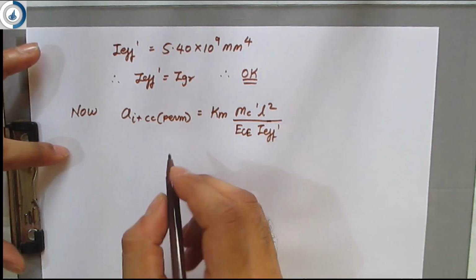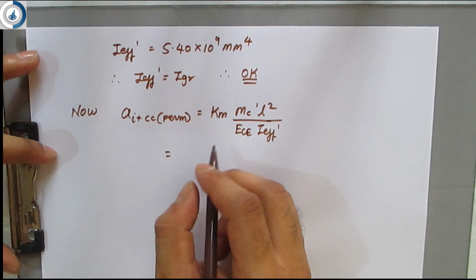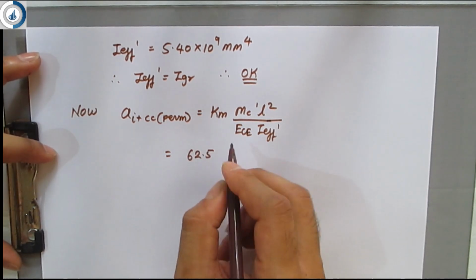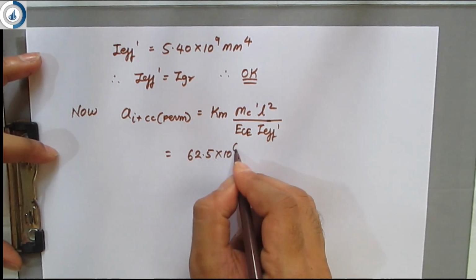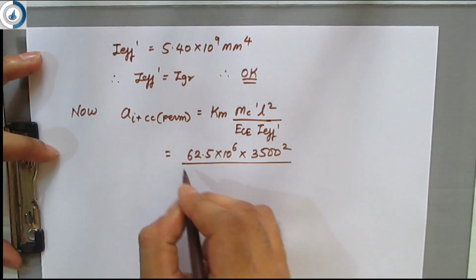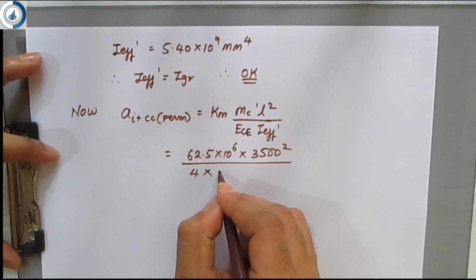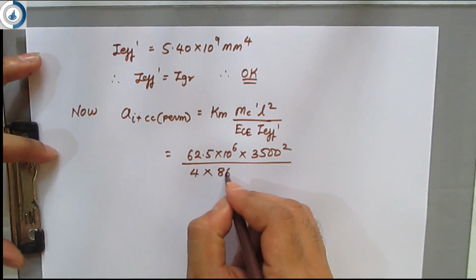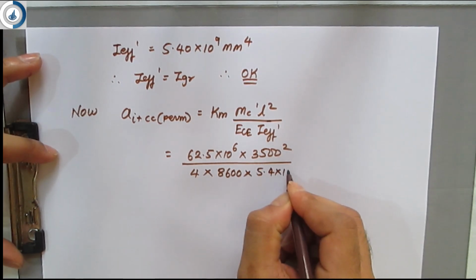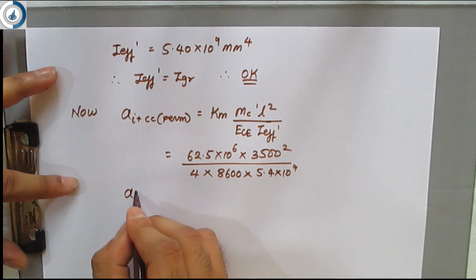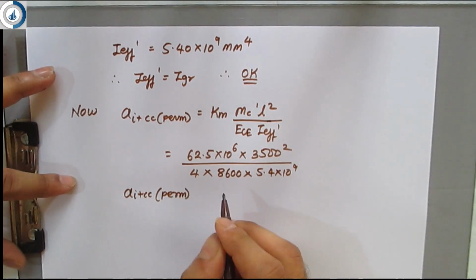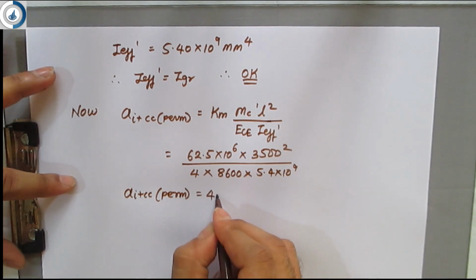So Km again remains 1 by 4. So MC dash 62.5 into 10 raised to 6, L is 3500 square, Km is 1 by 4, EC is 8600, and I effective dash is 5.4 into 10 raised to 9. So AI plus CC permanent, you will get 4.12 mm.